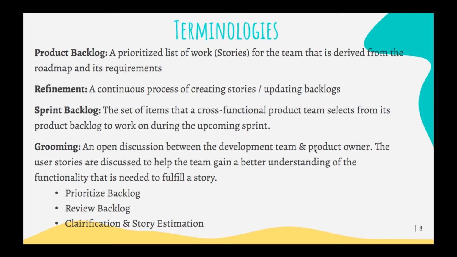So these are the points that would be considered. They'll review the backlog and prioritize it: which one needs to be considered for the current sprint and the next sprint. Then get clarifications, raise questions, get it done, and then estimate a story with how many points it's going to take, either one, two, three, five, like that.